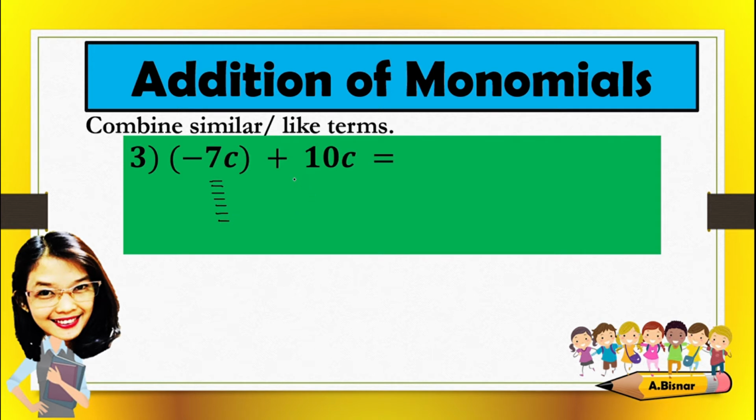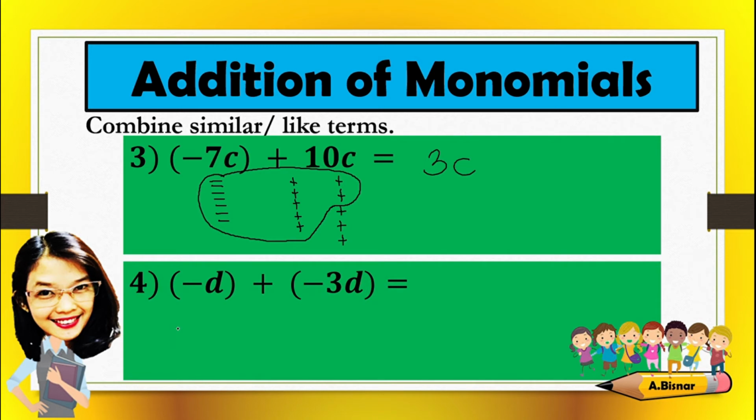And then 10 positive: 1, 2, 3, 4, 5, 6, 7, 8, 9, 10. Again, a pair of positive and negative number results to 0. So we have here 7 negative, and then we'll take away 7 positive. And from here, the answer will be positive 3c.